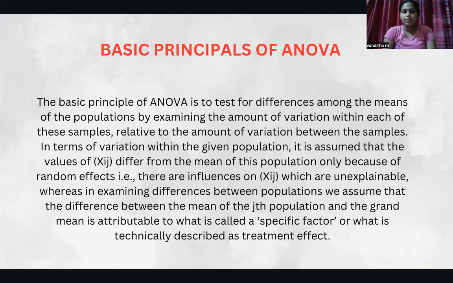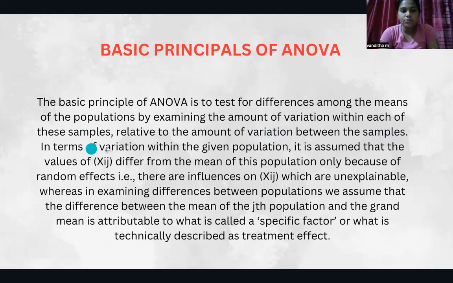The basic principle of ANOVA is to test for a difference among the means of the population by examining the amount of variation within each of these samples. So ANOVA is the test for difference among the means of the population relative to the amount of variation between these samples.